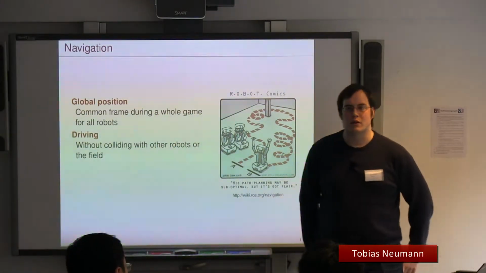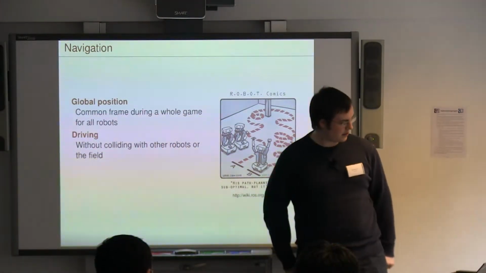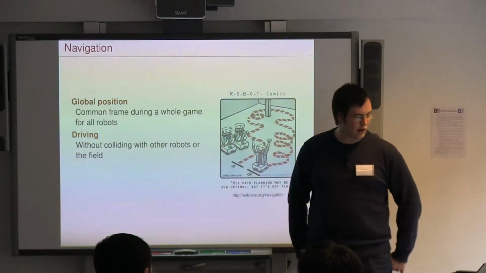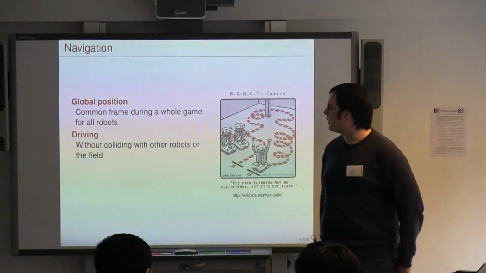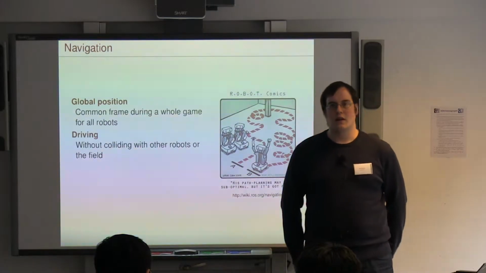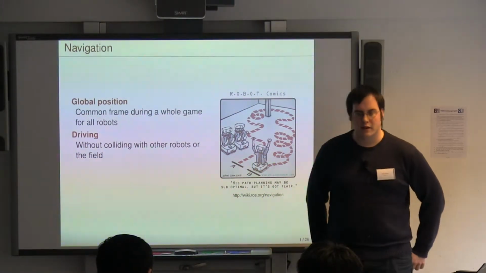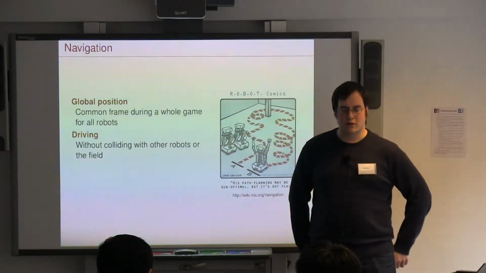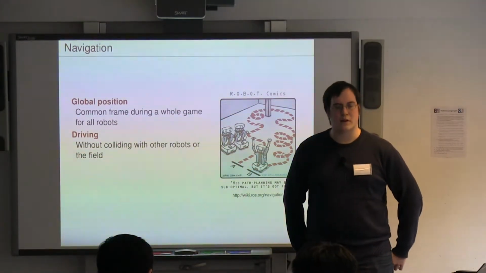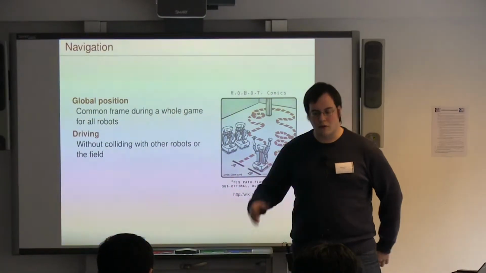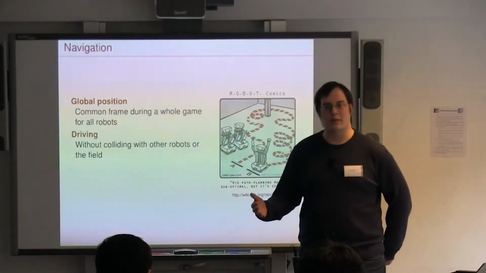First of all, I talk about localization before I come to the driving itself, which we also classify as part of the navigation. And localization is, as Tim mentioned in his lecture yesterday, especially important to communicate poses of MPSs between the robots.